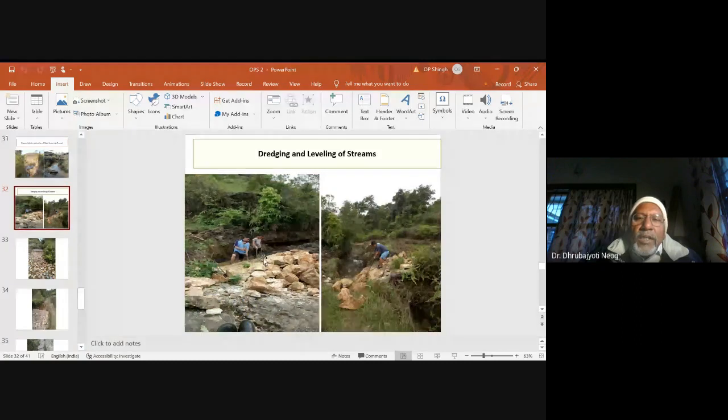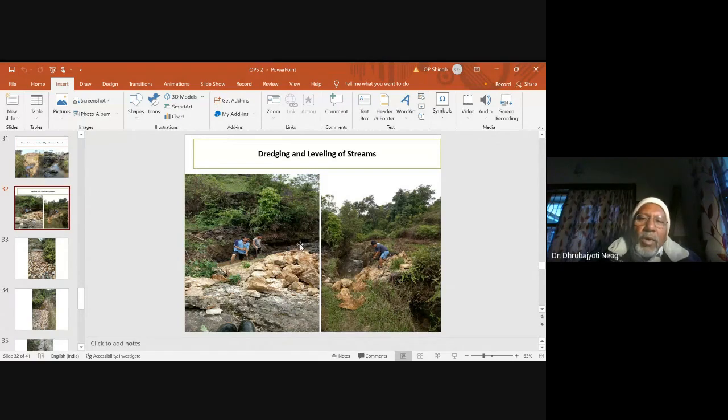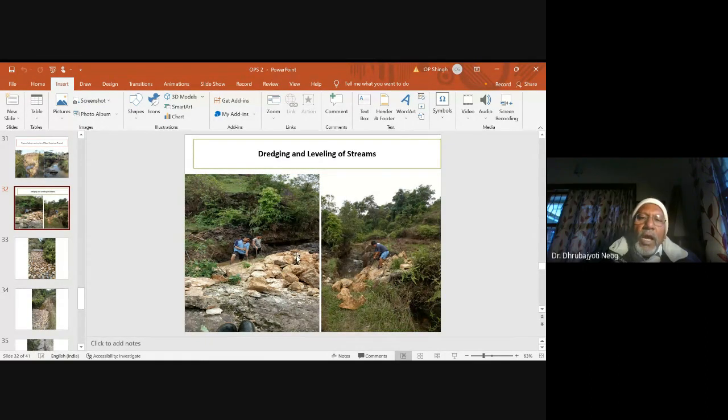So we did dredging. We removed the mud from the bottom and flattened the bottom so that we could lay down limestone pieces. We got limestone from the nearby area, broke it into pieces, and laid it down in this stream.